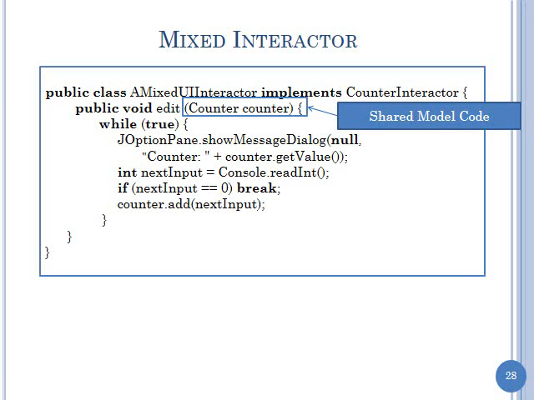Now we saw one UI earlier and another UI now, and what was different between the two UIs? Just this line of code, right? Where I was doing print line, I'm doing show message dialog. So while I've been pretty good, I'm not being that good because this code here is repeated.